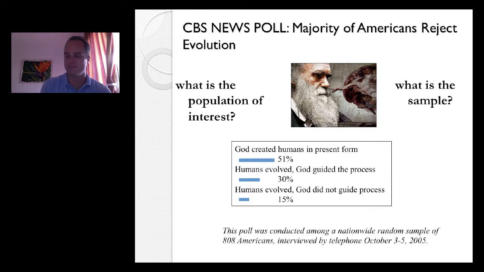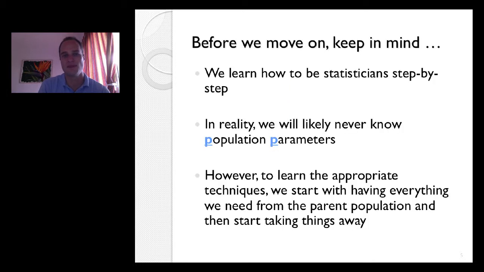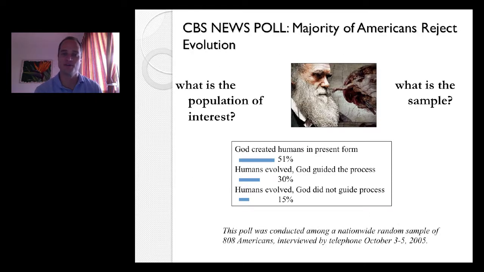So we're looking at millions upon millions of people in the population and 808 people in our sample. Before we move on, I want you to keep in mind that we're going to be learning to be statisticians step by step. Unlike here, which is a research question, CBS conducted the poll because they didn't know the answer.